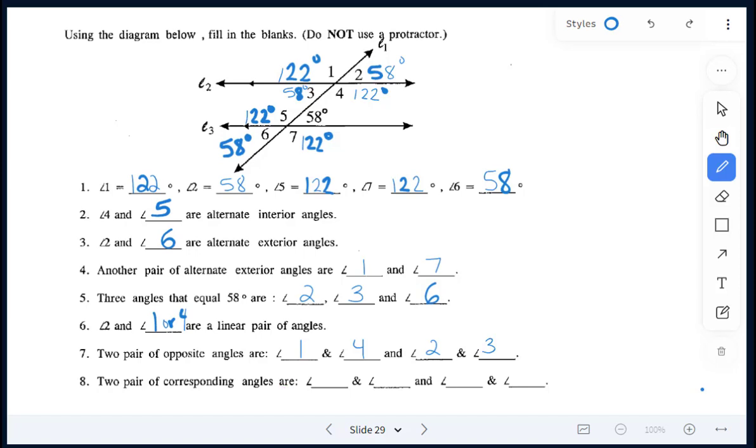So angle 1 and angle 5 would be an example. We can also use angle 3 and angle 6 as corresponding angles. All right, so just make sure you are familiar with those new terms that we've just gone over: alternate interior, alternate exterior, corresponding, opposite, and so on.